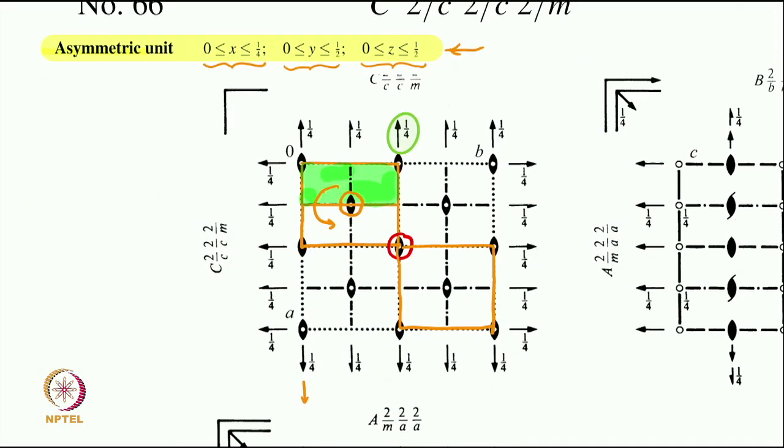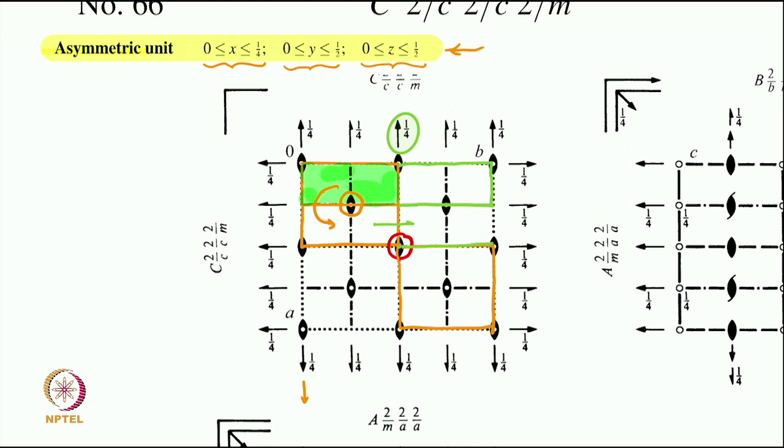So, if you rotate this green asymmetric unit about this twofold at quarter, then you will fill the adjacent space. Let me show it in green. So, the green asymmetric unit when rotated about the twofold at 1/4 will fill this particular space, and similarly this one will rotate here.